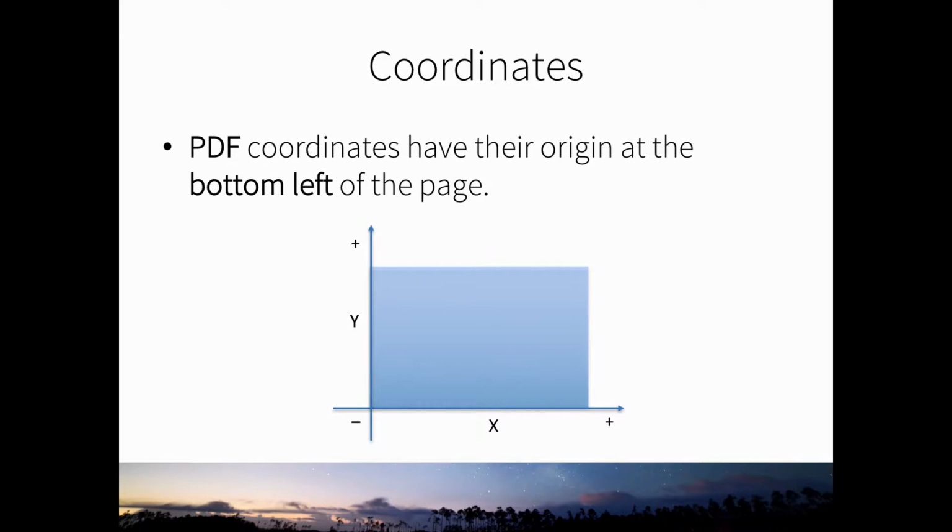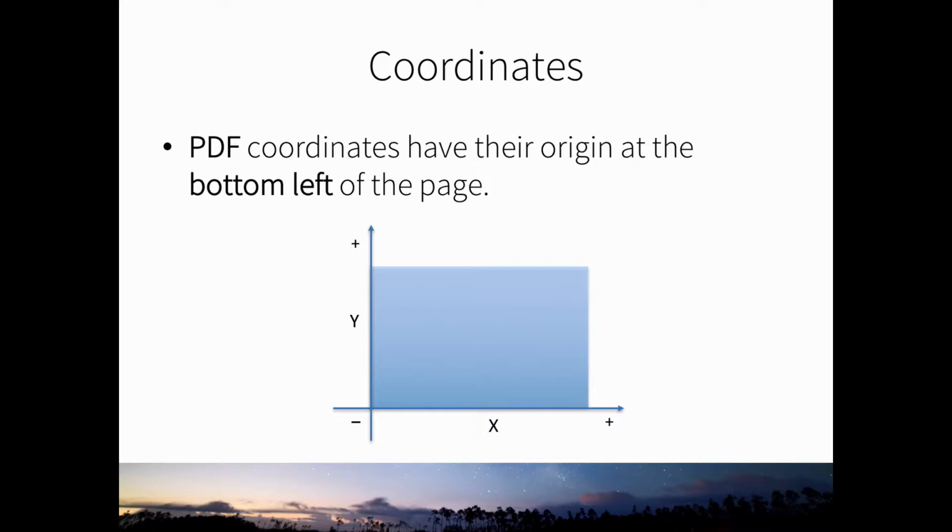Then the second important thing about place content is that in the PDF where you are placing the content onto, the original PDF, the coordinates have the origin at the bottom left. So the y-axis plus is going upwards, while in an HTML page it would be going downwards, because the content of an HTML page starts at the top left.